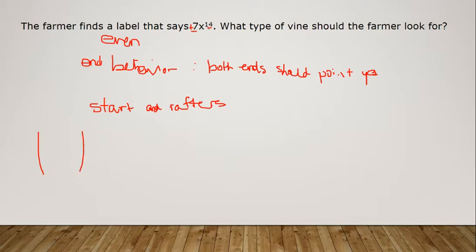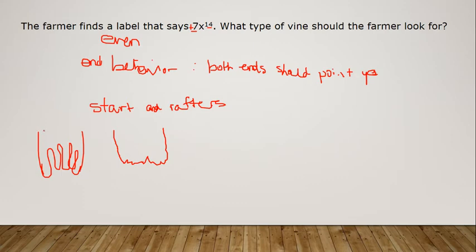And if it's a power of 14, it's an even power, which means we're either going to have some different loops where it's going to loop up and down, or we're going to have one smooth loop, but it's going to be bumpy here.